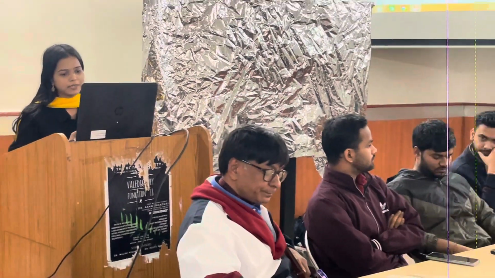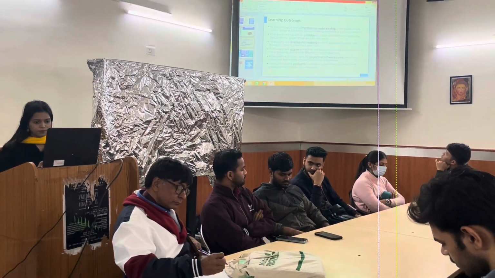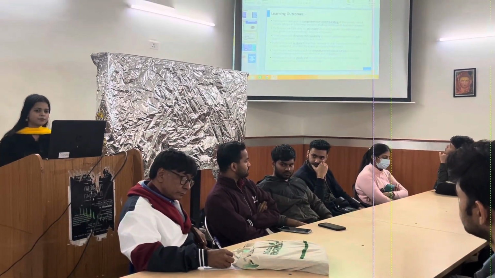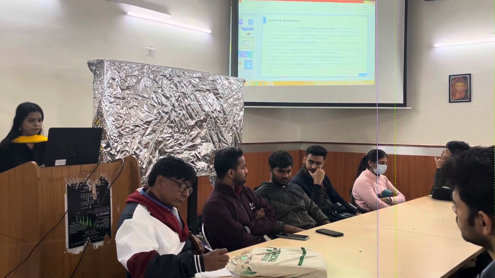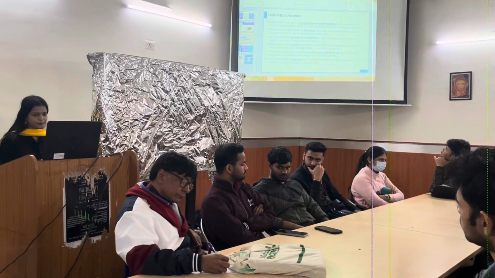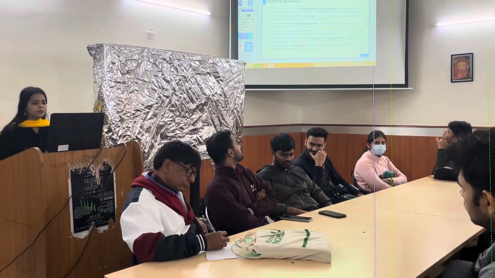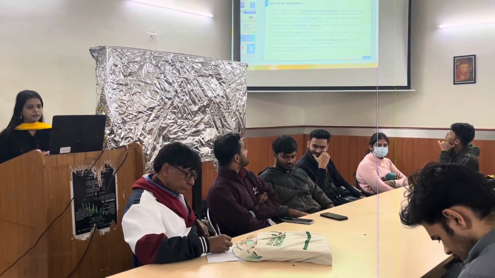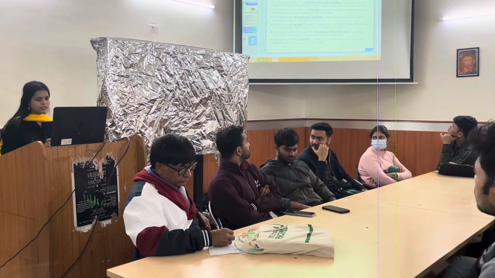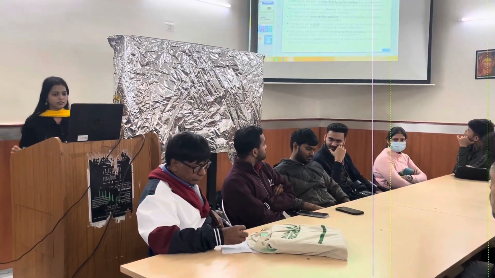The third is to develop the capability to select appropriate survey types based on research objectives. We need to take care of which survey type we choose, because it should be based solely upon our objective and nature. The fourth is to acquire: the participant will acquire the skill set needed to craft survey questions that are clear, unbiased, and directly linked to the research objective.